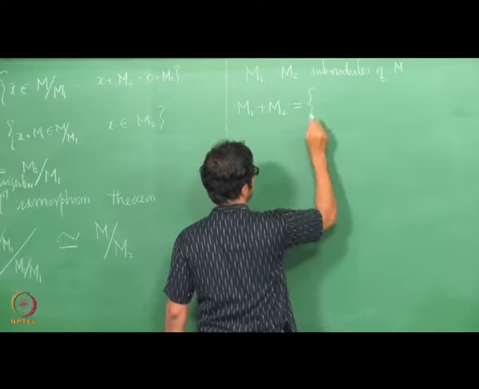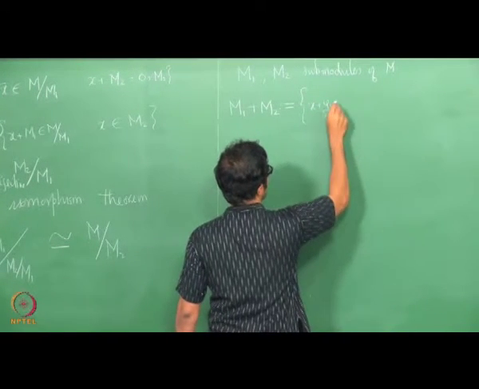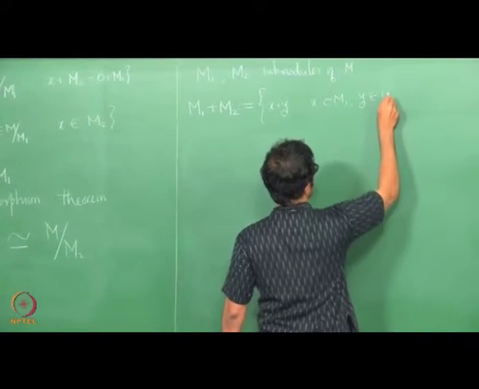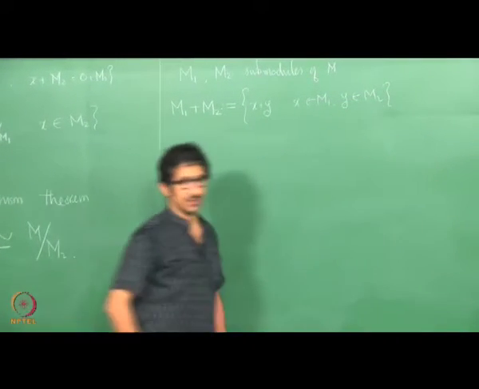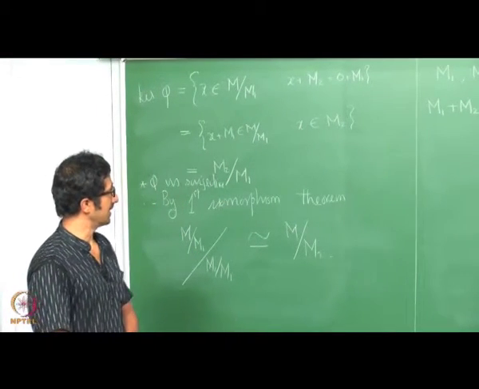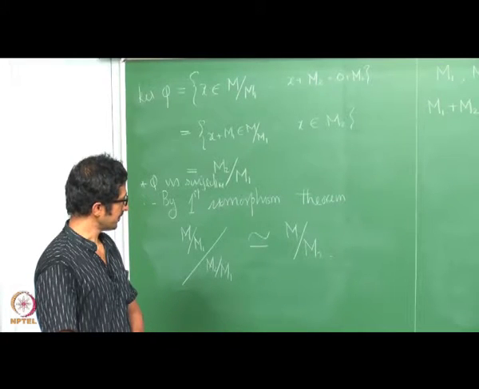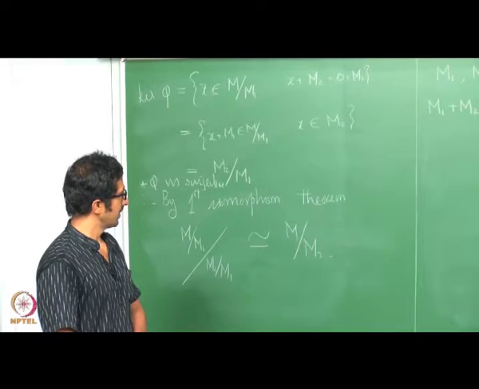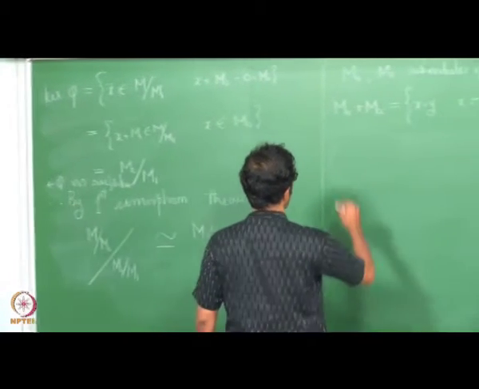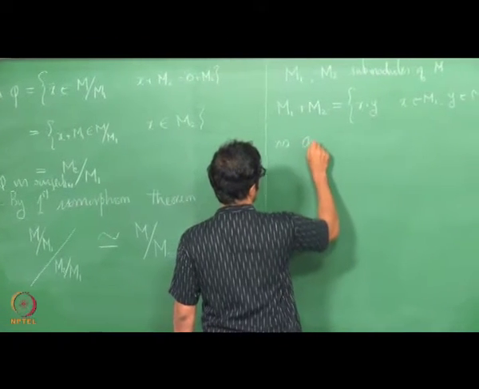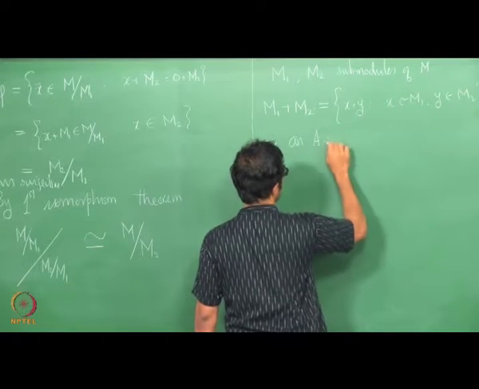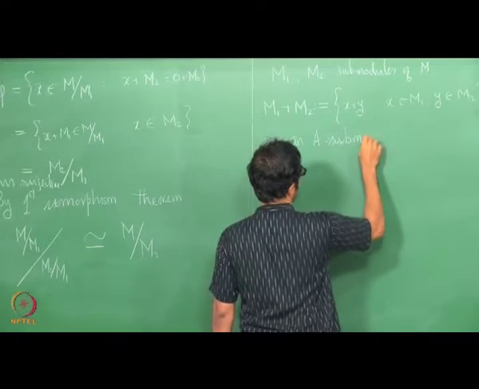By definition, this is the set of all x plus y, x belongs to M1, y belongs to M2. This is called the sum of two modules, and this is again an A submodule of M.